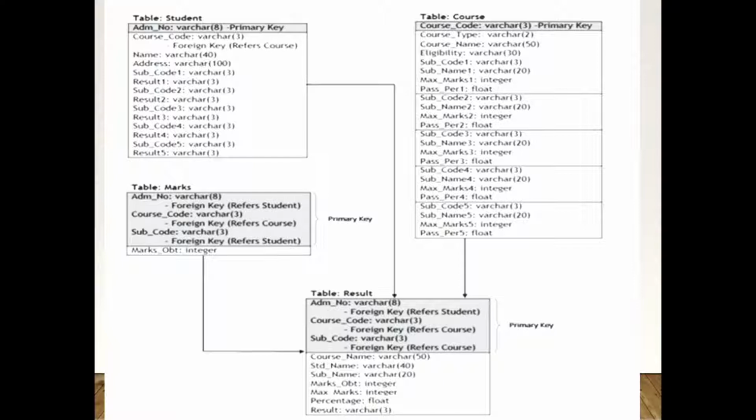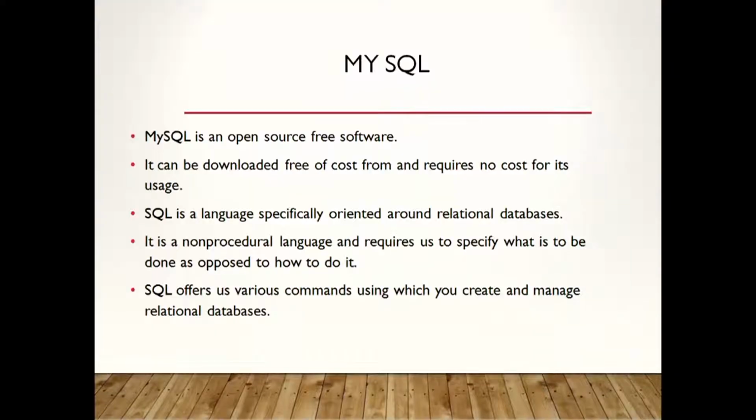So as I told you, it is not necessary that only one column has to be a primary key, the combination of columns can also be a primary key. So these three columns together here forms the primary key of the table marks, and similarly with result also, three columns are merging together to form the primary key of the table result.